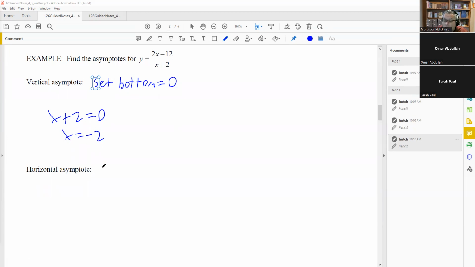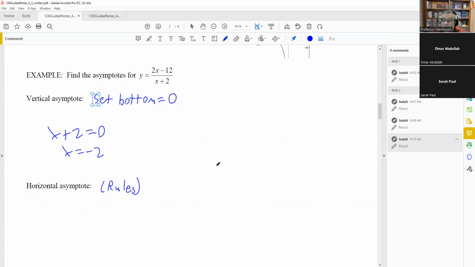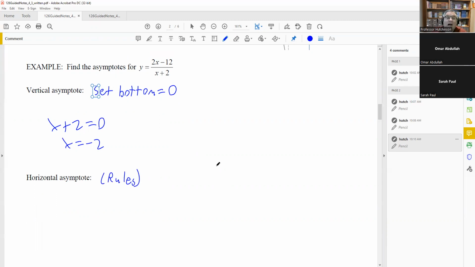Now for the horizontal asymptote, we have rules that we follow in order to find it. You have to look at the highest power on top and the highest power on the bottom. In this case, the highest power on top is a 1, and the highest power on the bottom is a 1. So we're actually going to use rule number 2. If n equals m, then we have this equation that we need to follow.